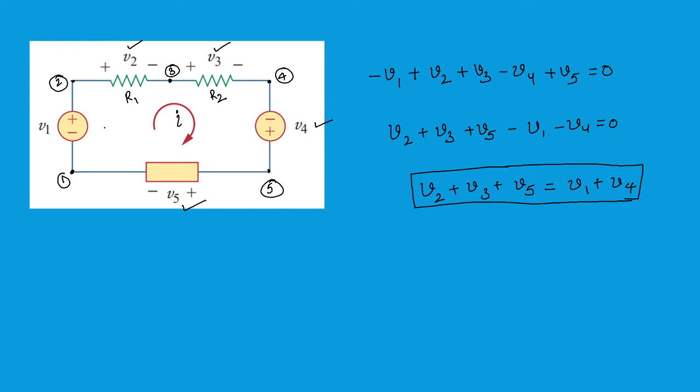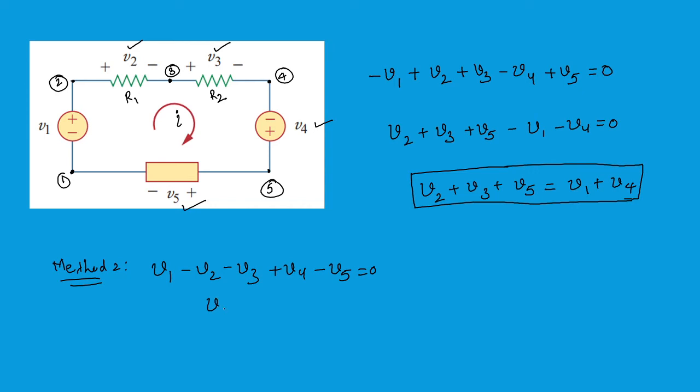In method 2, you can also consider it in a different way. If you are starting, and you consider minus to plus as positive, you can simply write: minus to plus is going to be plus V1, and plus to minus is going to be minus V2, plus to minus again minus V3, minus to plus is plus V4, and then plus to minus is going to be minus V5 is equal to 0.